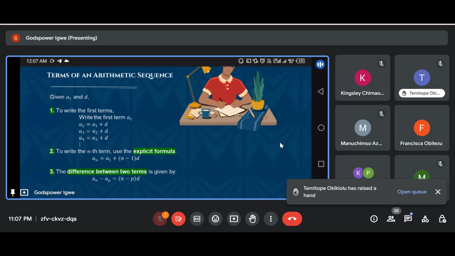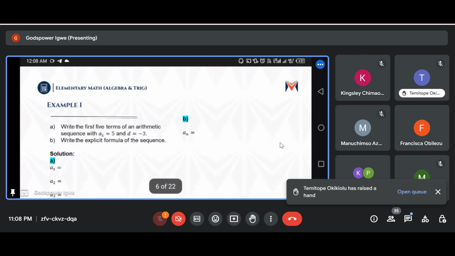The difference between two terms is given by a_n minus a_p, which equals (n minus p) times d. We'll find this answer somewhere and then we'll solve them.